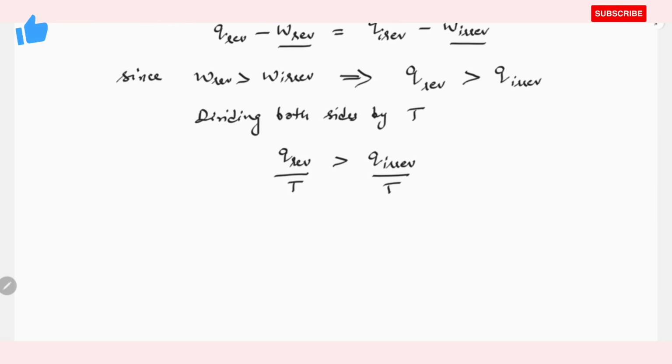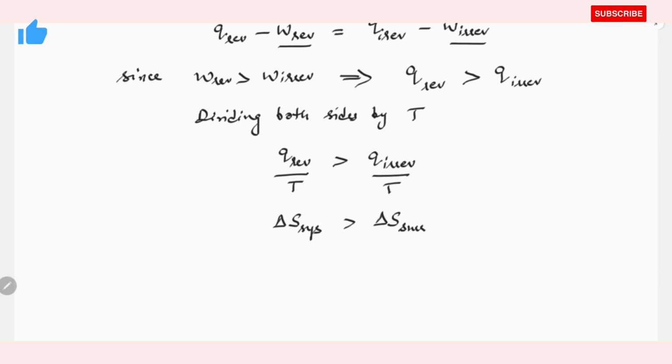That is, by definition, entropy change in case of system is greater than entropy change in case of surroundings.